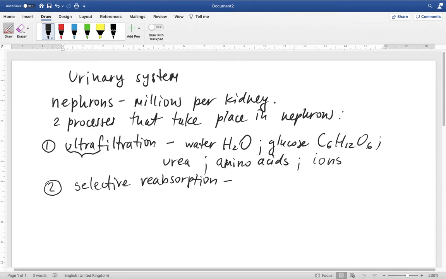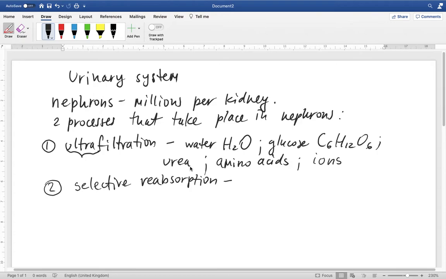Then let's talk about some of the other molecules. What about urea? Well, to make a decision about urea, you again need to go back to that introduction where we talked about what urea is and where it comes from. So I'm going to leave that to you to look up if you can't quite remember. But you will see that urea essentially is a toxic product. So this is not something you want to have in your body in large quantities.